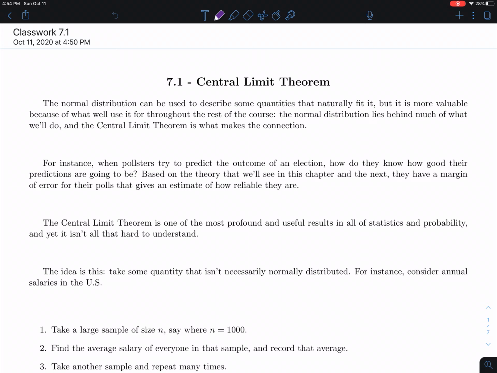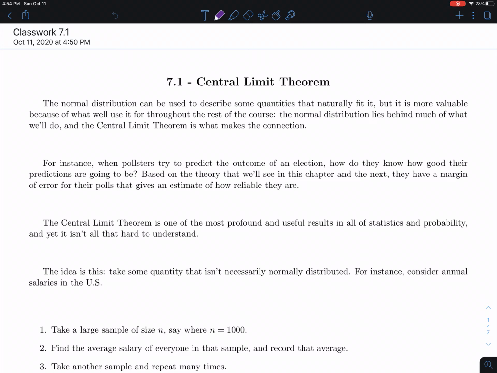And so what we're going to do today kind of ties into the normal distributions. This is probably one of the most important things that we're going to talk about in all of statistics, which is called the central limit theorem. If you remember, I described that normal distributions are kind of the greatest thing ever because we know what the curves look like, and we've got the empirical rule that talks about the 68, 95, 99.7.